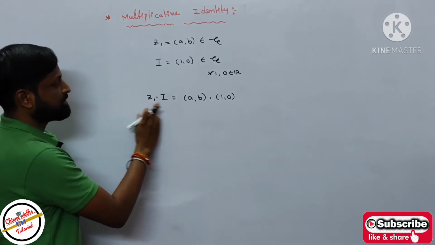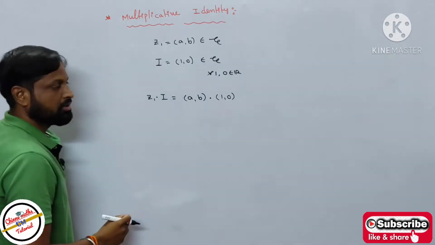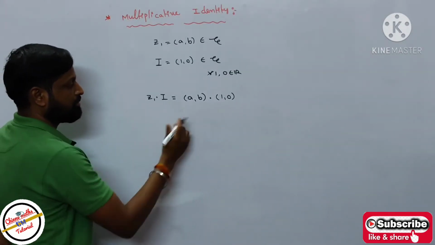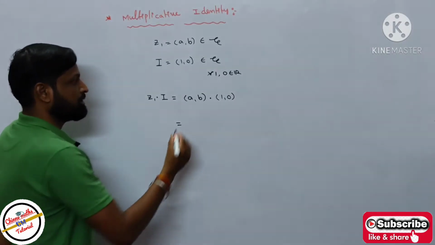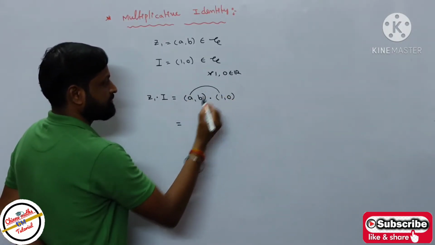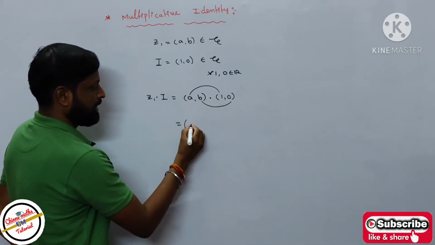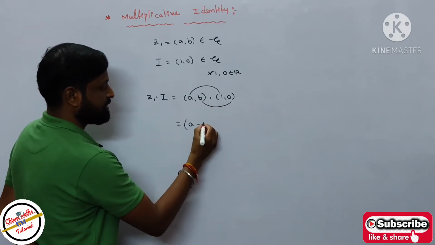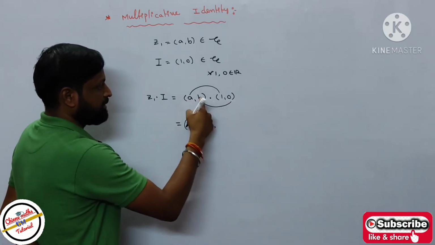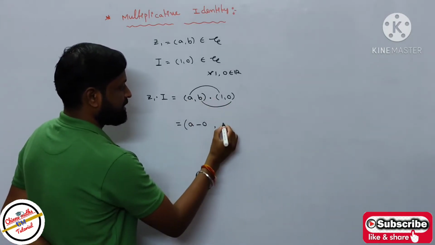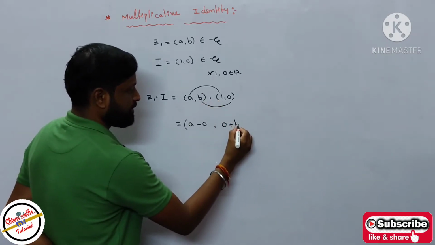What is the complex number z1? (a, b), multiplied by I, meaning (1, 0). The multiplication of two complex numbers: first you have to compute ac minus bd. ac means a into 1, a, minus b into 0, that is 0, so a comma. Next ad plus bc. ad means 0 into a, that is 0, plus b into 1, that is b.